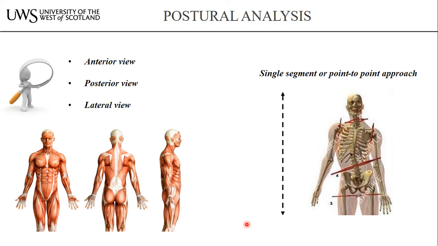The second point to be considered, the second spot to stand when observing a person and performing a postural analysis and a movement assessment, is the side. From there we can look at movement patterns and postural characteristics in the sagittal plane.